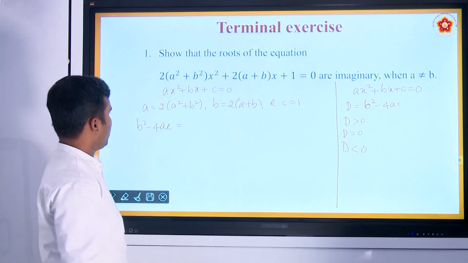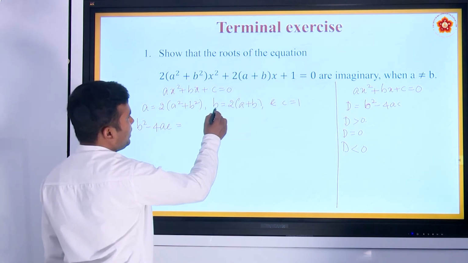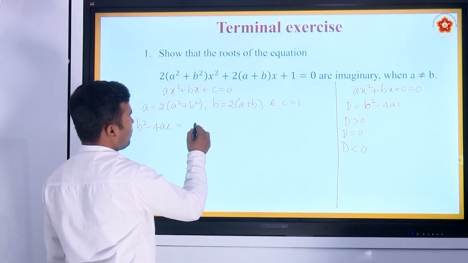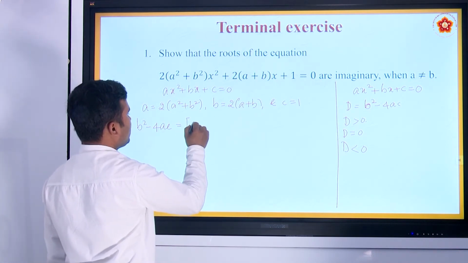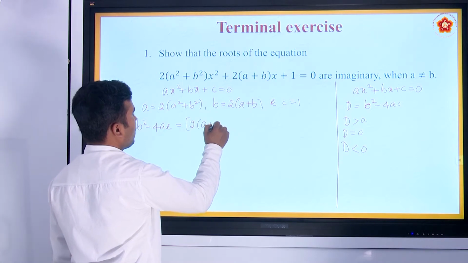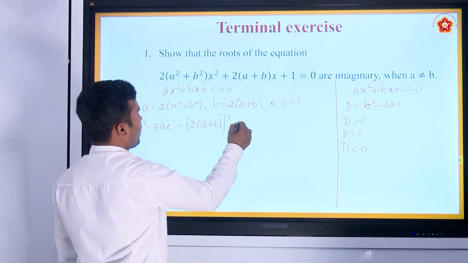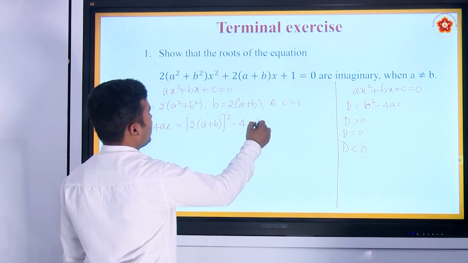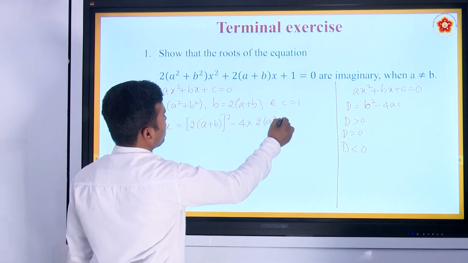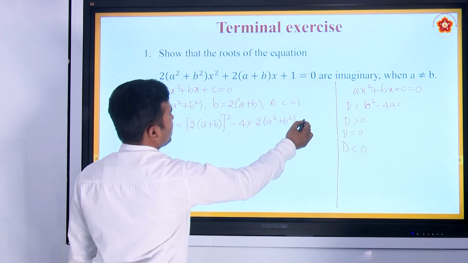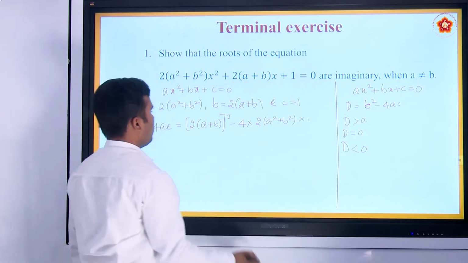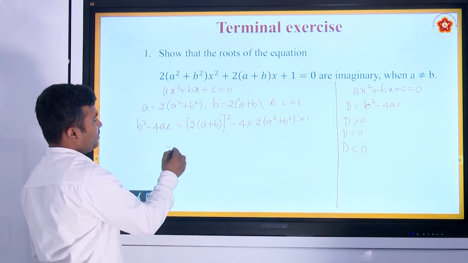B is 2 times a plus b, whole square, minus 4 times a, which is 2 times a square plus b square, and c is 1. Let us simplify this.